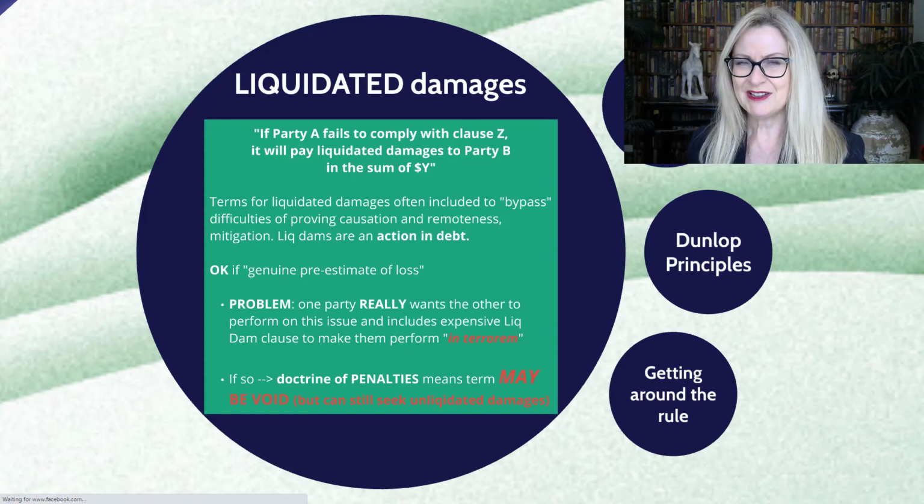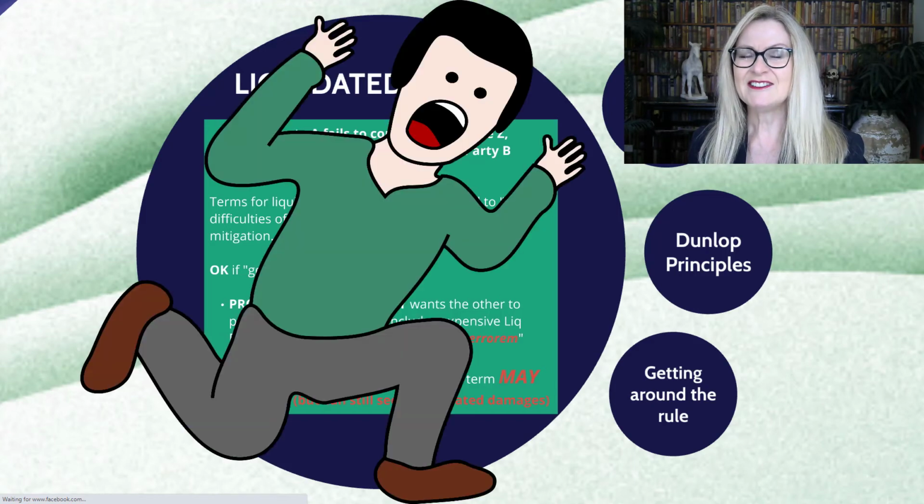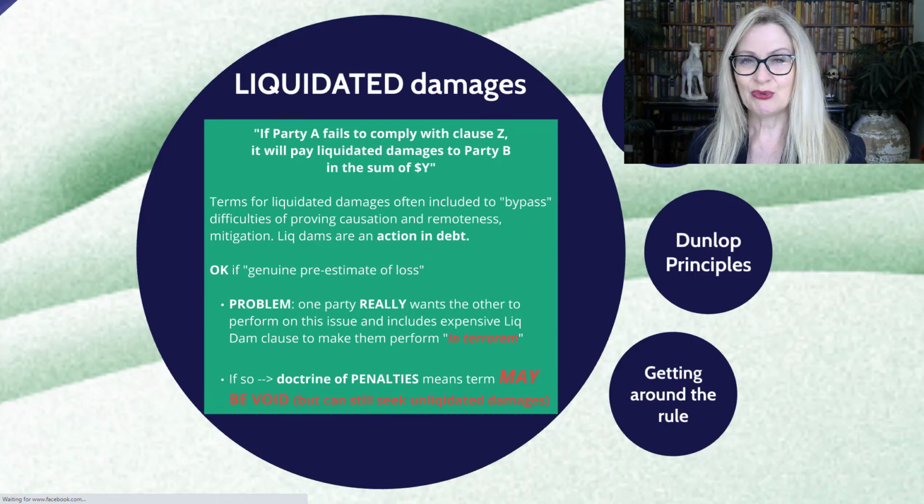The problem is that usually these kinds of clauses are inserted to enforce the other party to comply with the contract in terrorem, that is, in terror that any breach by them might incur the wrath of the liquidated damages clause and an inflated sum that they have to pay.